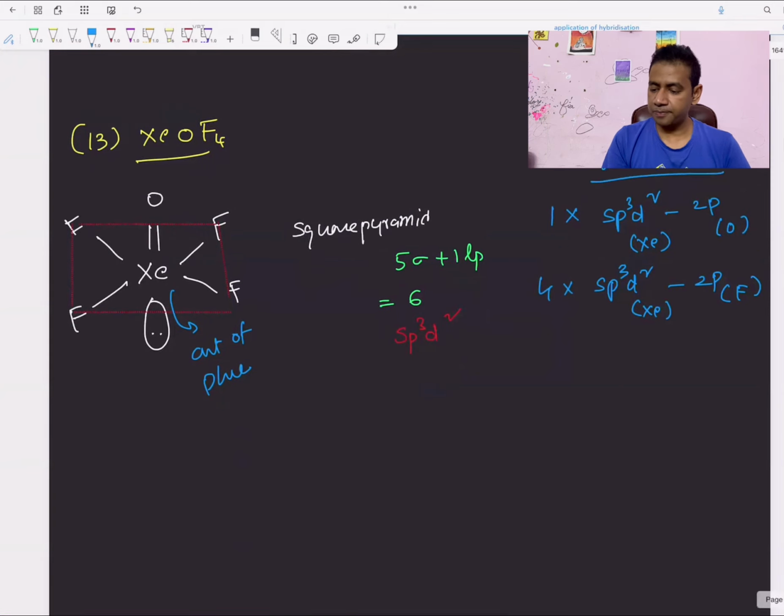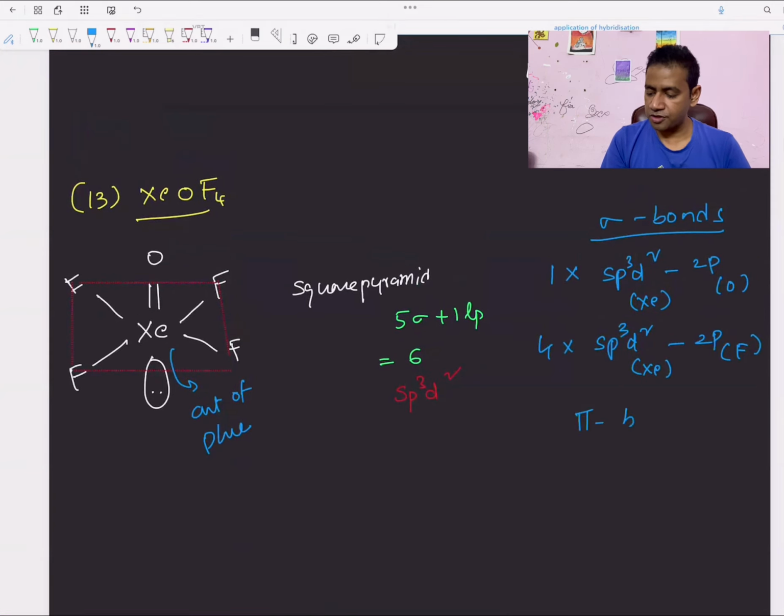And apart from that, here we have a pi bond also. And how is the pi bond formed? This pi bond must be formed from 5d orbital of xenon. Please note that xenon belongs to the 5th period, therefore it is 5d overlapping with 2p orbital of oxygen.